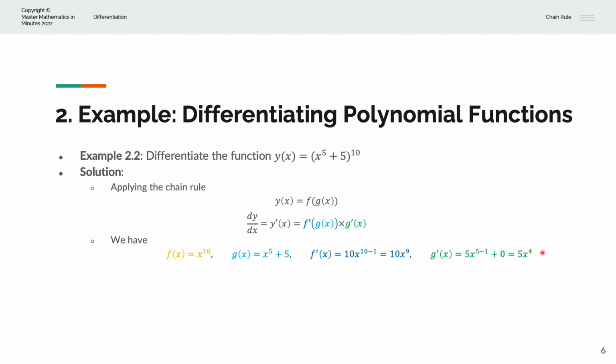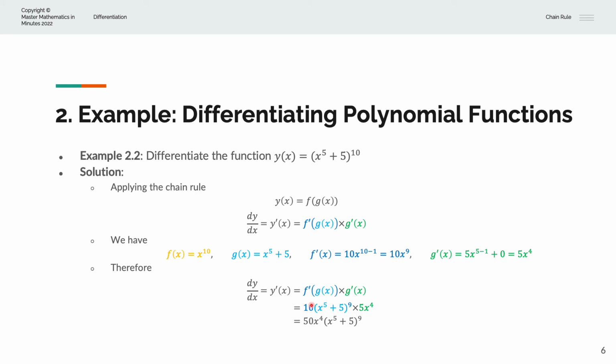And now that we have the terms that we need, we're able to substitute that back into the chain rule to calculate dy dx. So with dy dx restated again, these two lines are identical, the next step is to substitute the terms. Starting with f prime, that is equal to 10 times x to the power of 9.